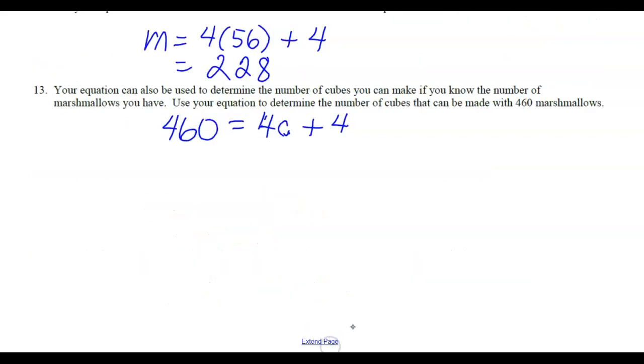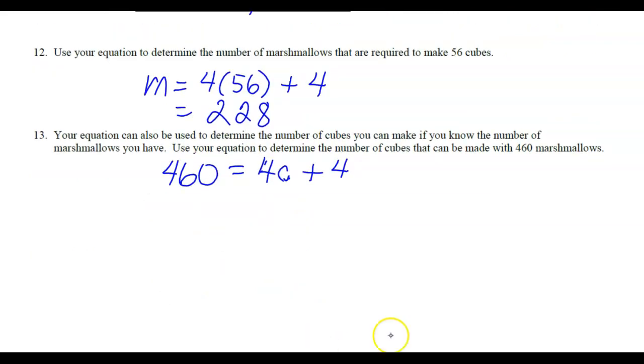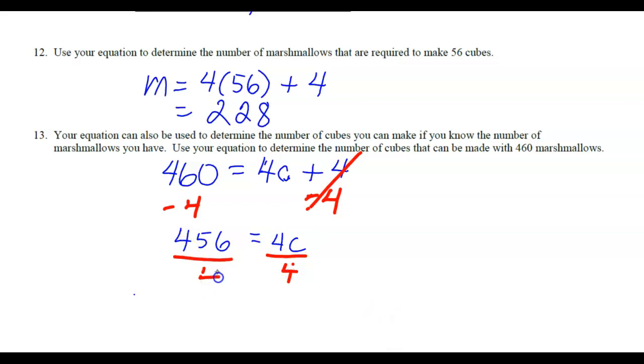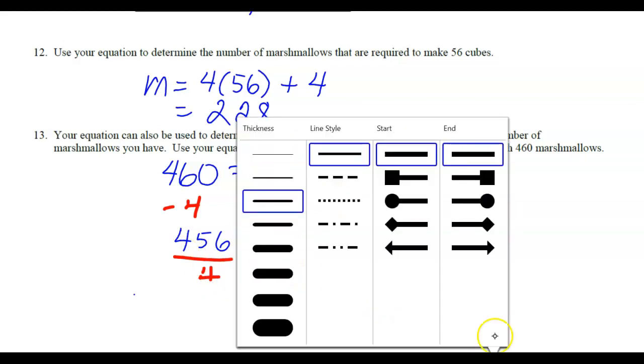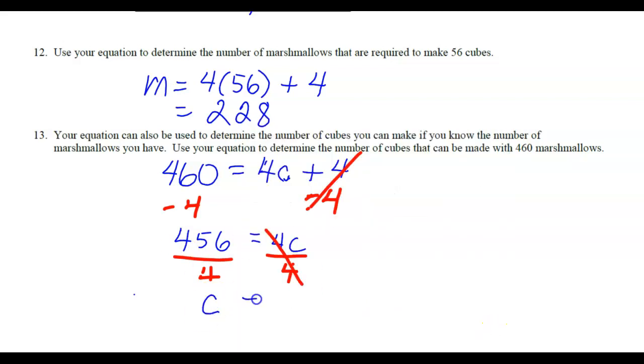So this is back to junior high solving. You subtract 4 from both sides, so that's 456. Then you divide by 4 on both sides. So C equals 114.